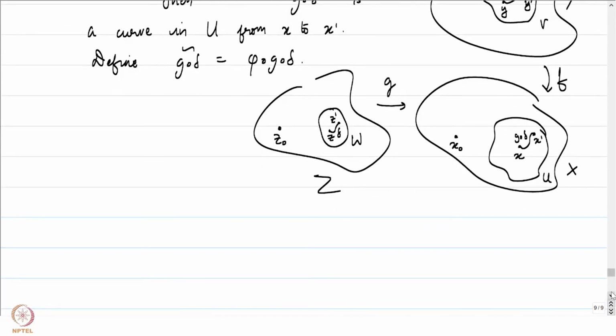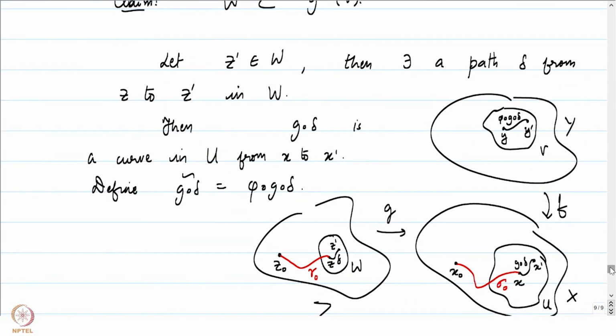Now if you consider the path that we started off with, suppose this is our gamma 0, we will have sigma 0 here, and then sigma 0 tilde above.